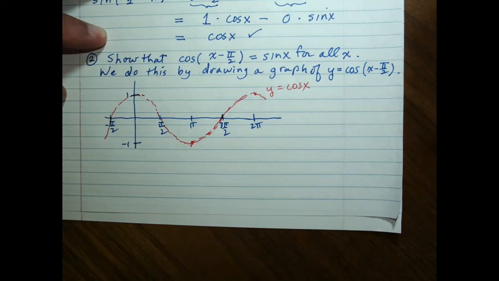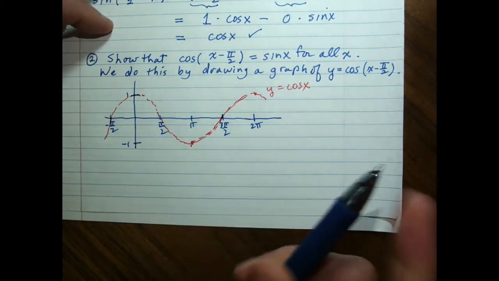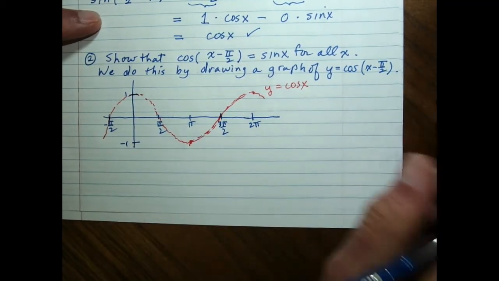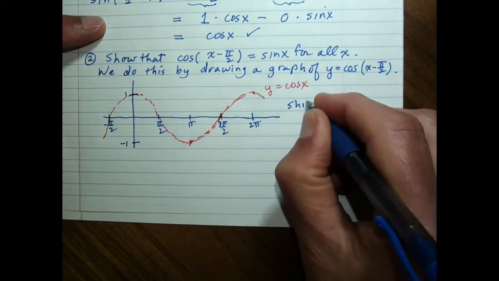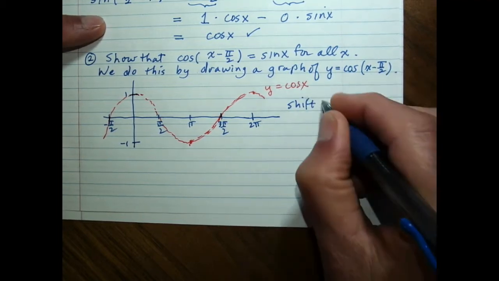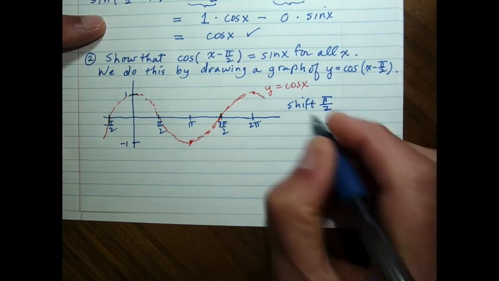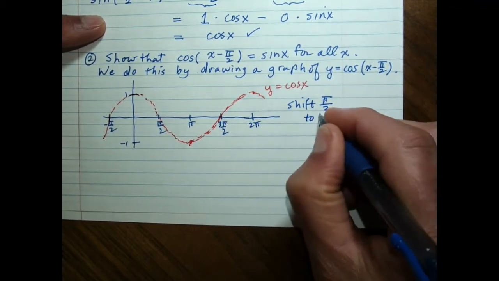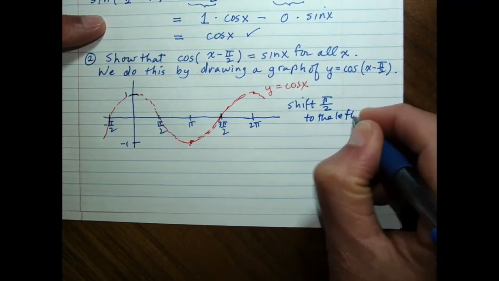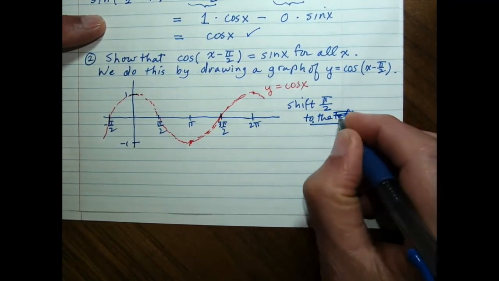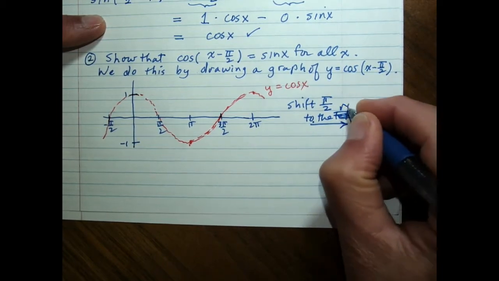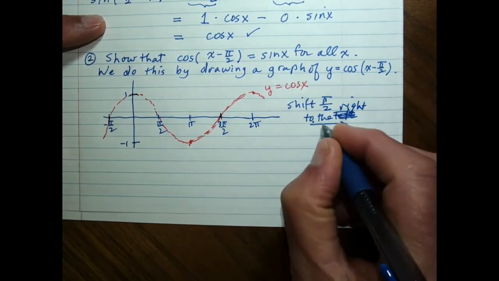And now if we want to perform this transformation, we have to shift horizontally, right, pi over 2 units to the left, right? So we have to shift, no, to the right, sorry. We have to shift in the positive direction.